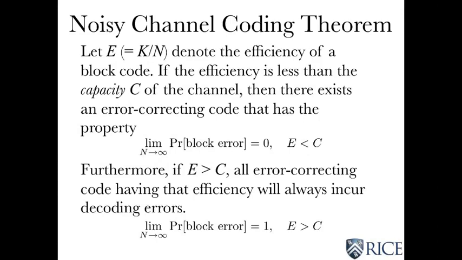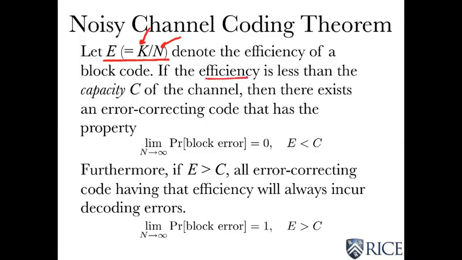So the noisy channel coding theorem says, let E be the efficiency of the code. If you recall, we have an N,K code, where N is the length of the code word that's used to represent K data bits.